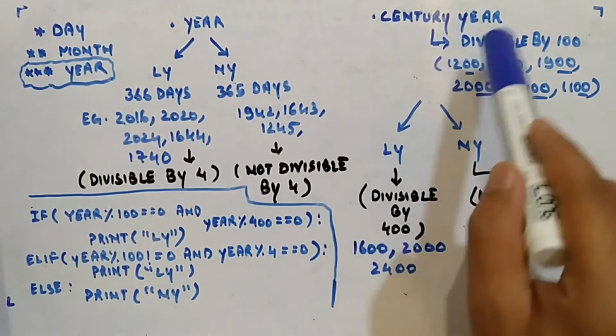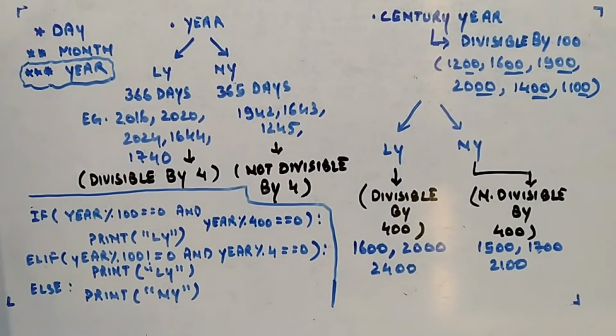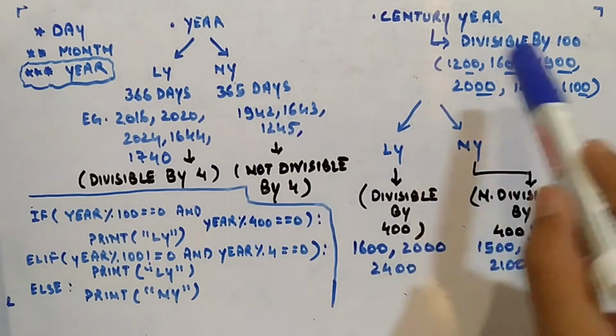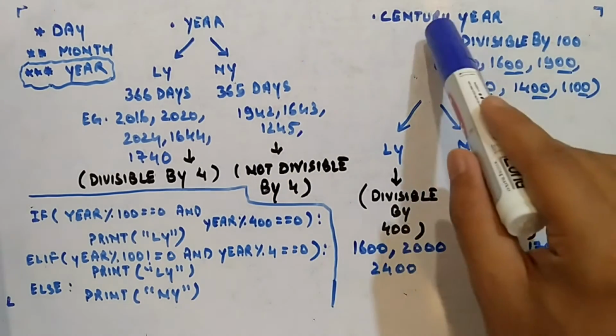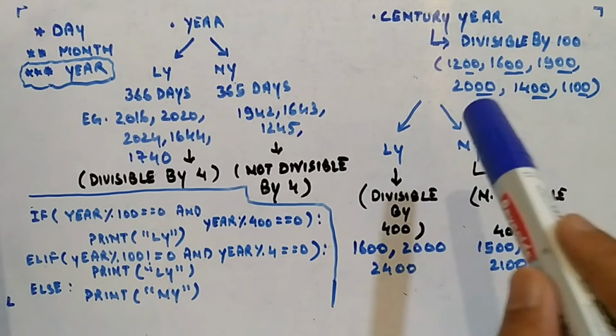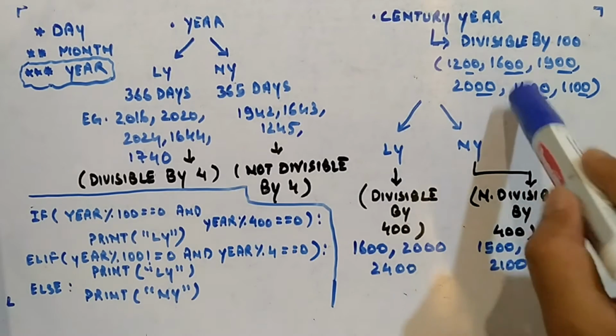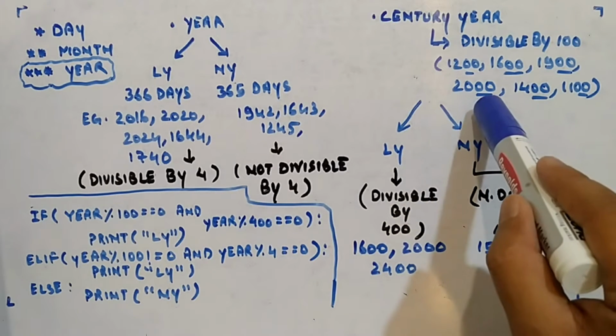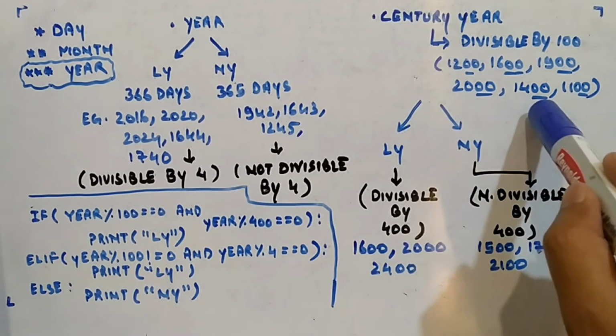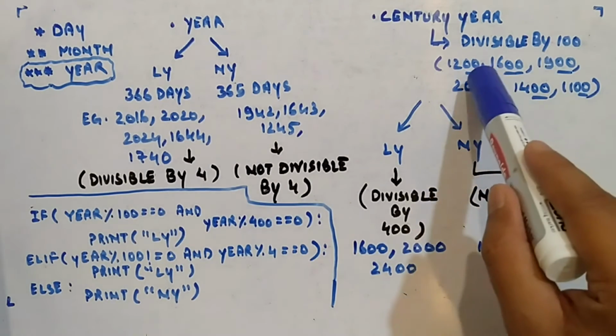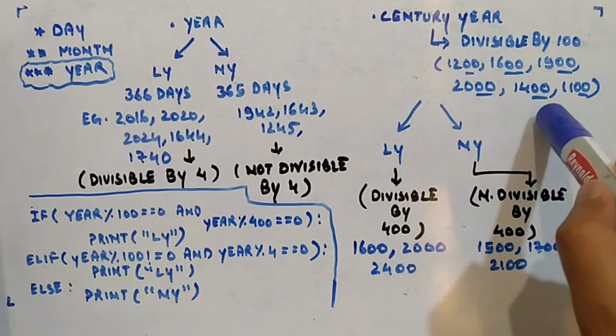The second concept is about century years. Century years are those which are divisible by 100. For example, 1200, 1600, 1900, 2000, 1400, 1100. These are divisible by 100 because you can see at the end you have two zeros.